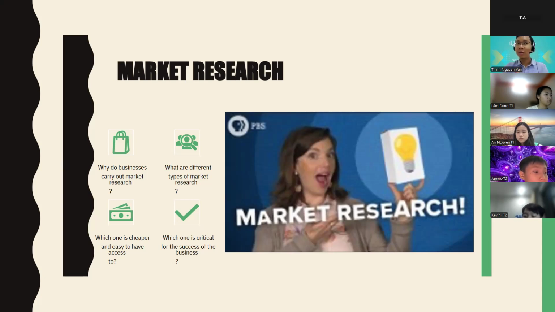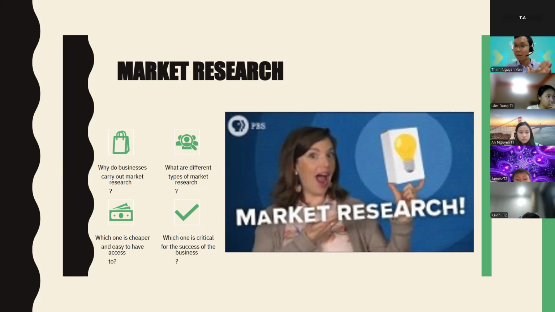When you want to calculate your market growth, for example, market share, you need to search for information online about the size of the market, about the revenue of your company, about the price of your competitor, so that you can use the positioning map to know where you are on the market. So all of them involve a lot of researching.